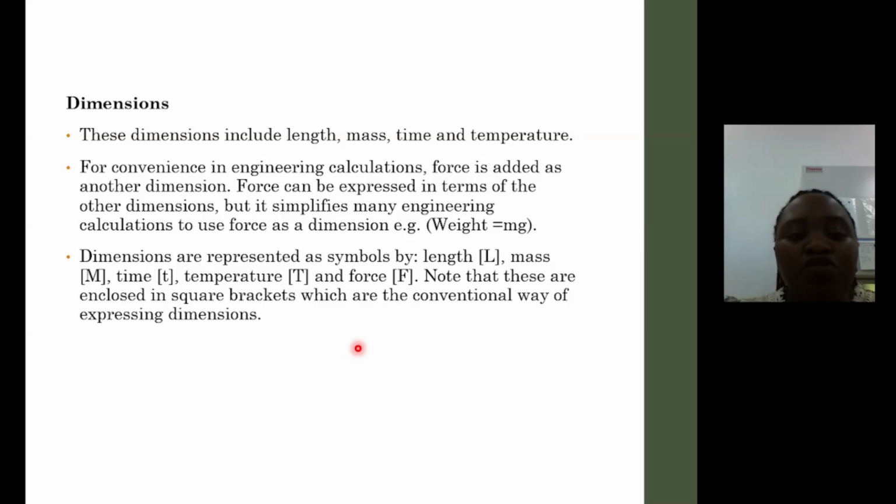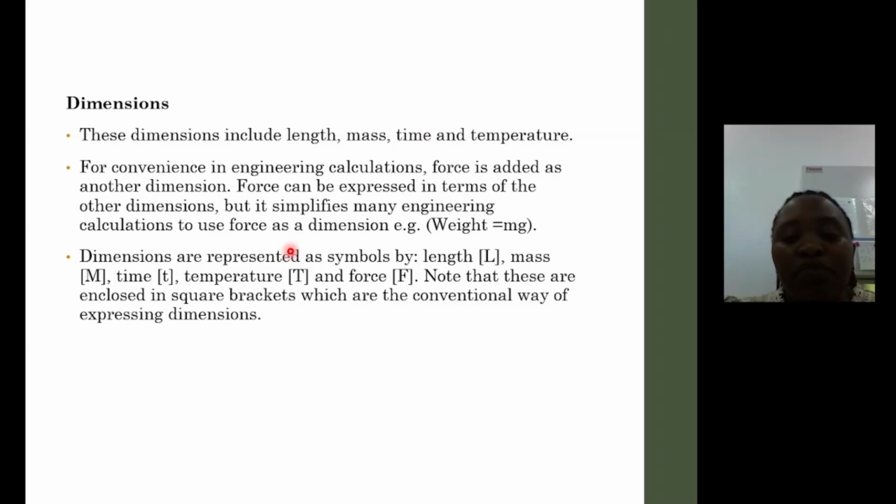Then we also need to consider dimensions of length, mass, time, temperature, and for convenience in engineering calculations, force is added as another dimension to the length, mass, time, and temperature. Force can be expressed in terms of other dimensions, but it simplifies many engineering calculations to use force as a dimension.